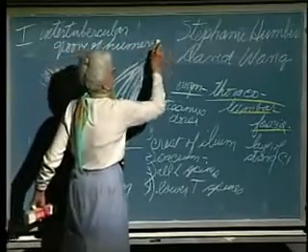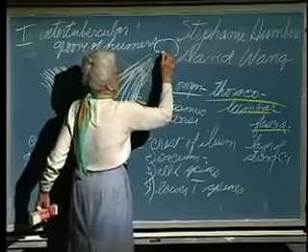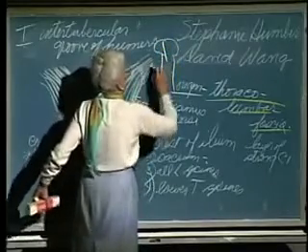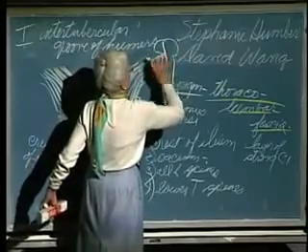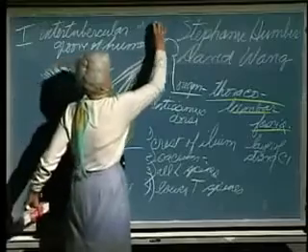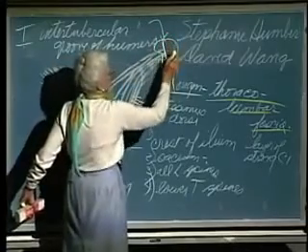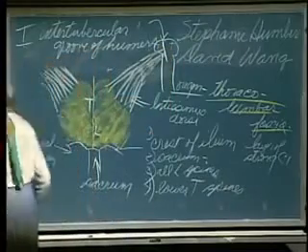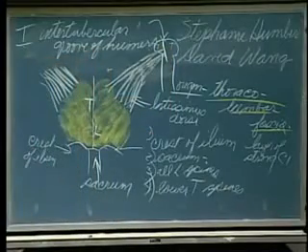So if you want to complete the drawing, you can make your intertubercular groove here on your humerus and bring these over to insert there. This is the intertubercular groove, this groove between your two tubercles. And you see it clearly.